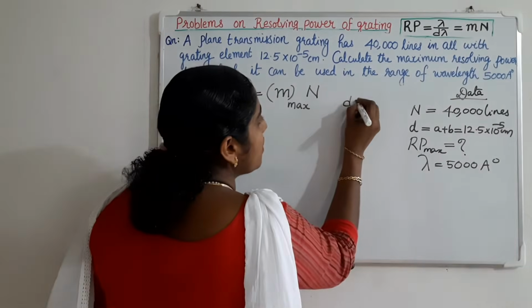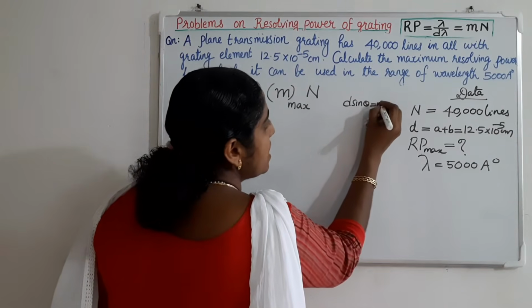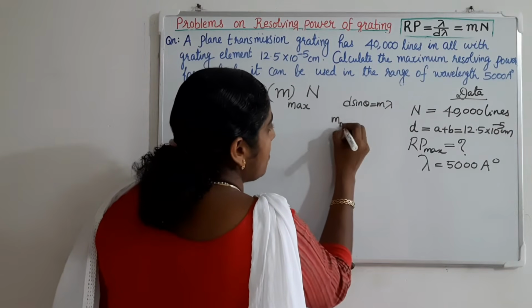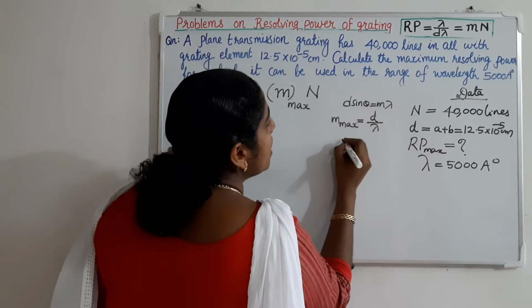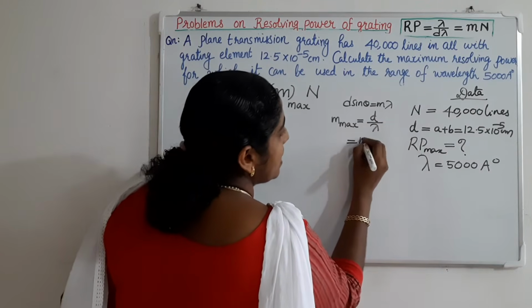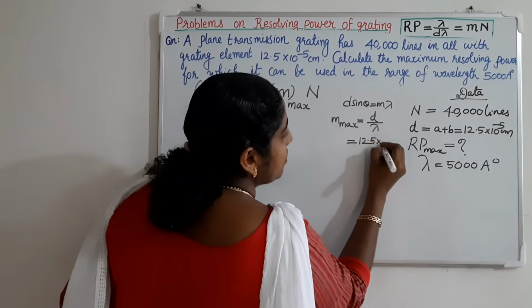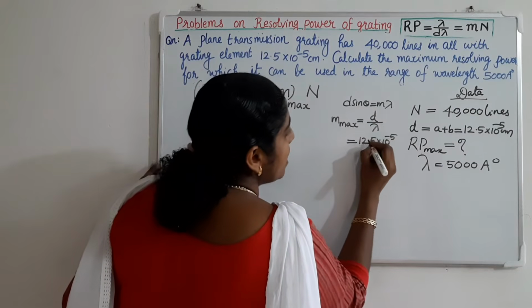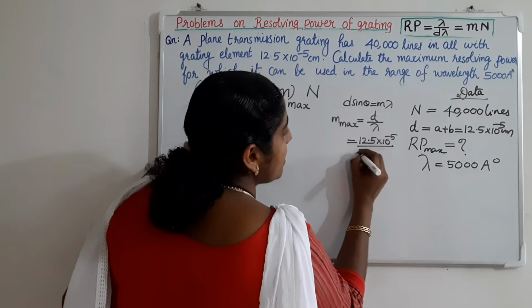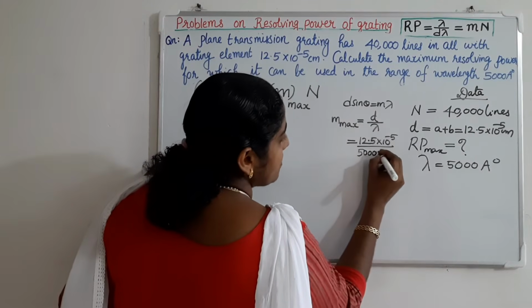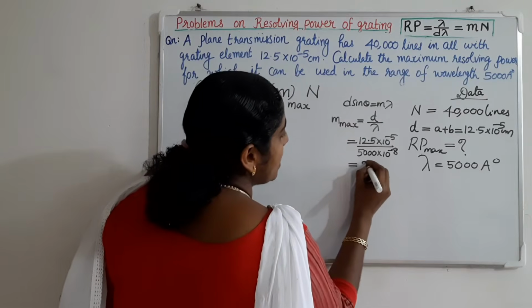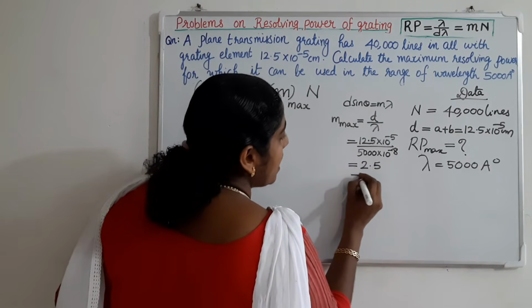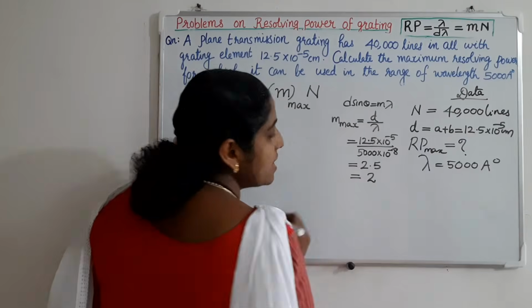So maximum order we can find out from the grating equation d sin theta is equal to m lambda, as maximum order is equal to d by lambda. d is the grating element that is given as 12.5 into 10 raised to minus 5 centimeter divided by lambda, that is 5000 angstrom, that is 5000 into 10 raised to minus 8 centimeter. So on calculating we will get it as 2.5, that is maximum order is 2.